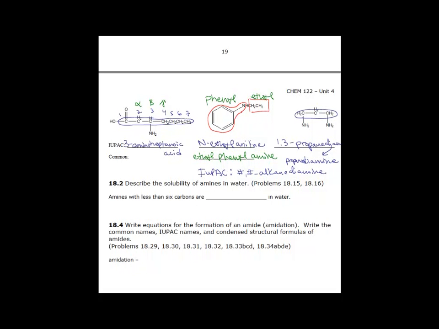So practice your pink book. Practice, practice, practice. If you've never cracked your pink book before this exam, I would recommend cracking it now because there are tons of practice nomenclature problems there. So work on your pink book if you're struggling with these names. A lot of rules, not easy.